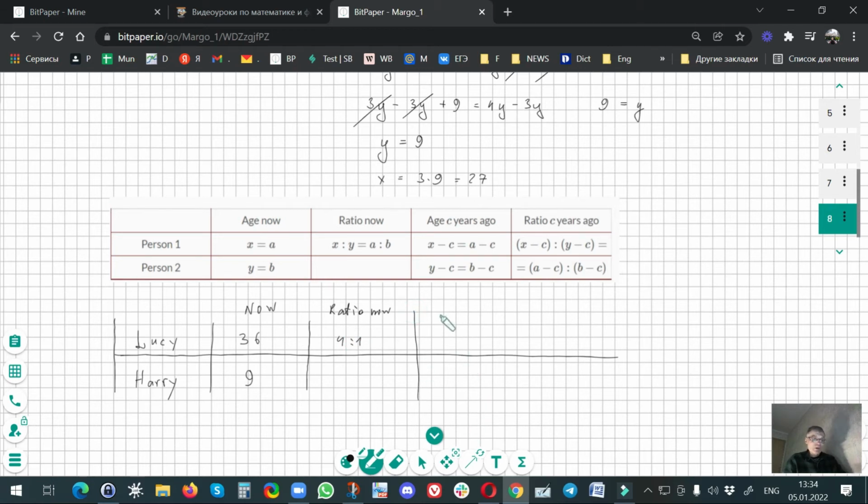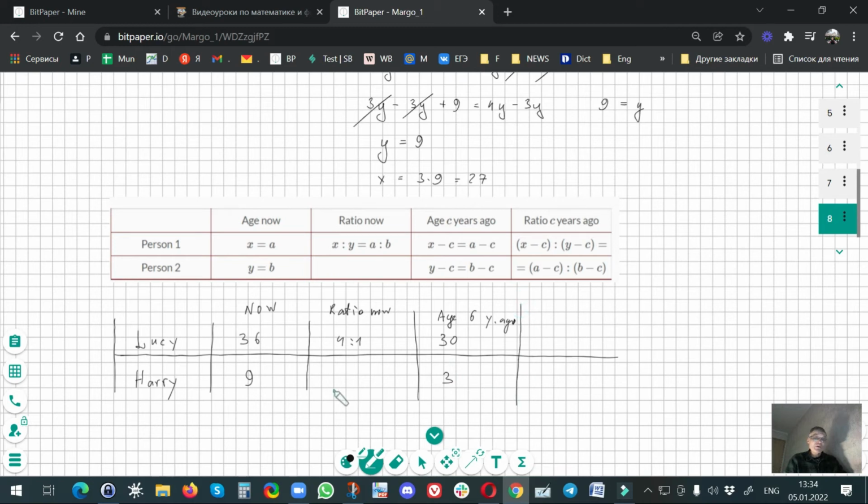Then, age, how many years ago? Let's take 6 years ago. Again, it's a nice number. 36 minus 6 gets me 30, and 9 minus 6 gets me 3. So here is 30, here is 3.